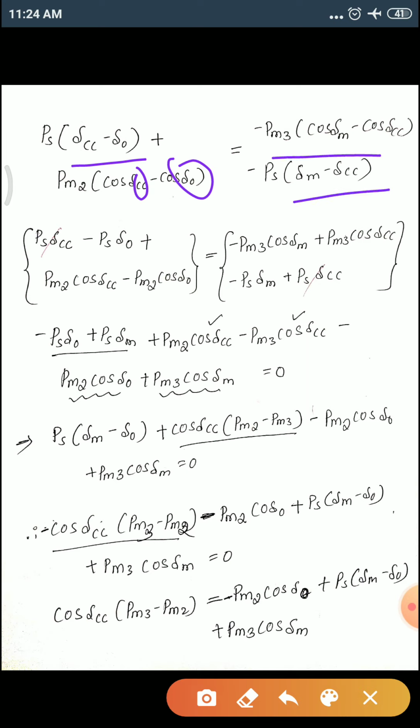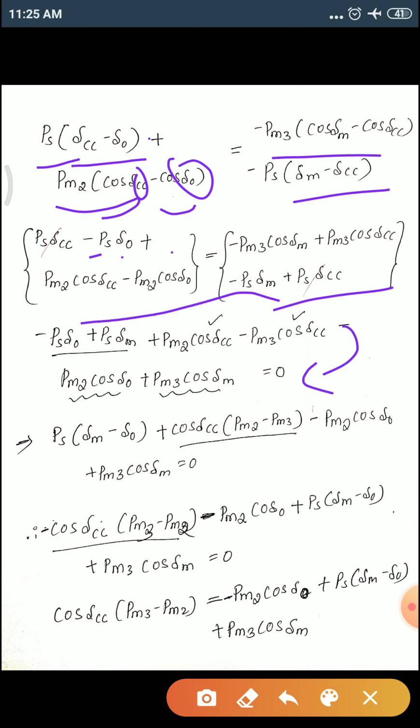Similarly here also substitute the limits. Once you substitute, expand this one: PS into delta cc minus PS into delta naught plus PM2 cos delta cc minus PM2 cos delta naught. Similarly we expand in this way, and again you simplify this equation.